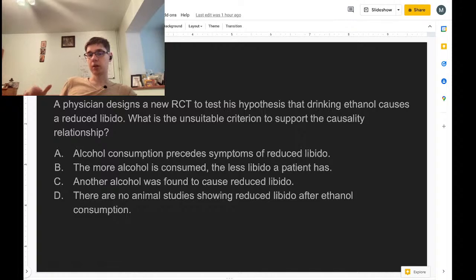B. The more alcohol is consumed, the less libido a patient has. Another Bradford-Hill criterion is the biological gradient. This means that the more exposure to the risk factor the patient has, the greater the effect is. Once again, this is a suitable criterion, not an unsuitable one.